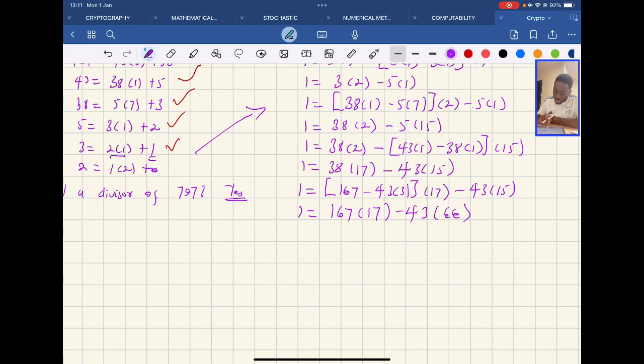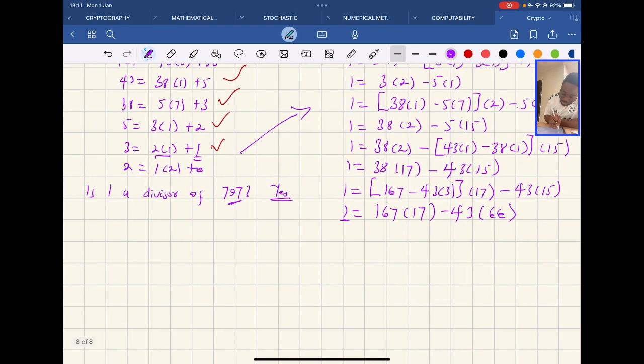Now, because 1 is a divisor of 797, we can just multiply this equation through by 797. You guessed right. So we are going to get 797 is equal to 167 times 17 times 797, which is 13549, minus 43 times 66 times 797, which is 52602.